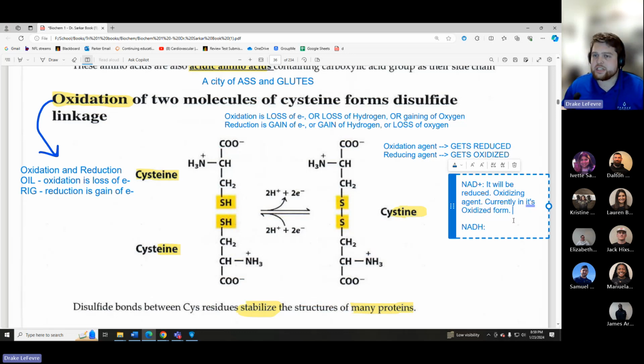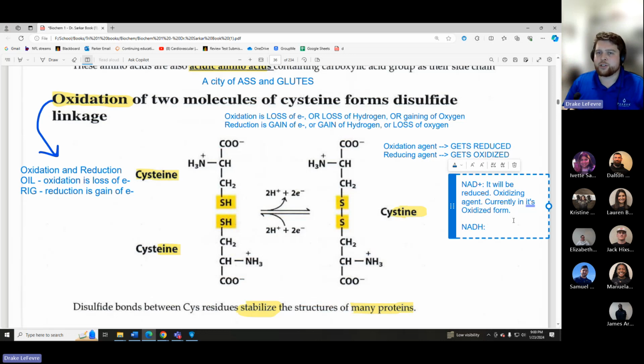All of these are different ways that he can ask you this question, and that's where it can get really confusing, trying to figure out what he is asking. He'll ask, which of the following is the most reduced form of a given molecule? Or, which of the following is going to be the reducing agent in this chemical formula?